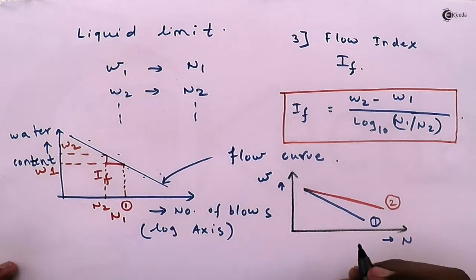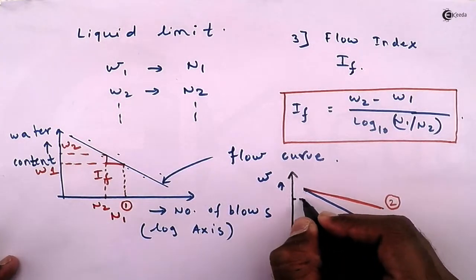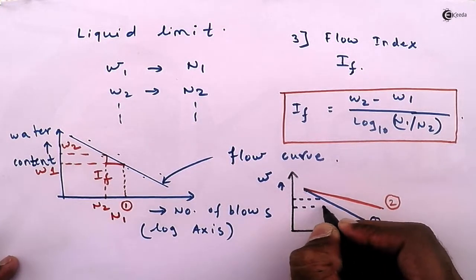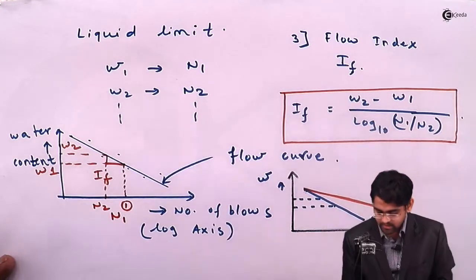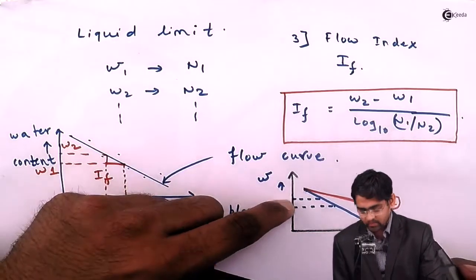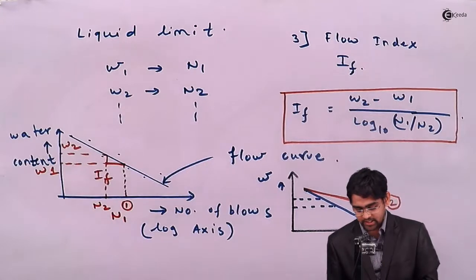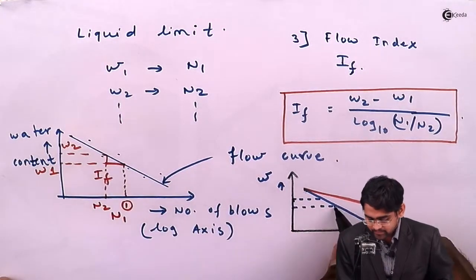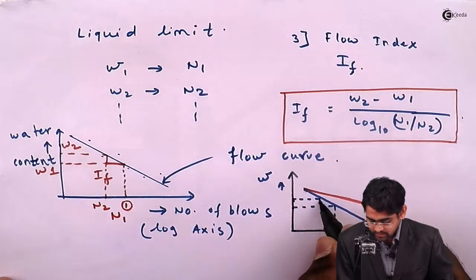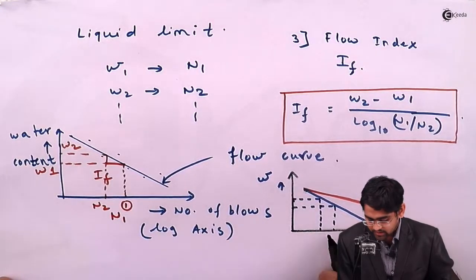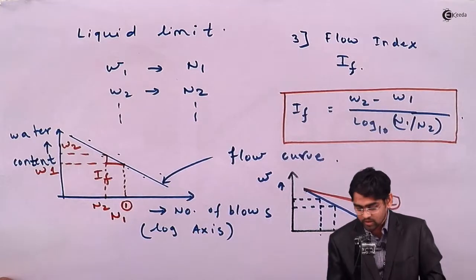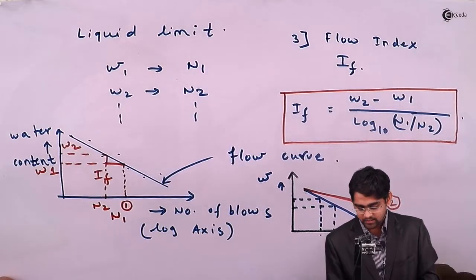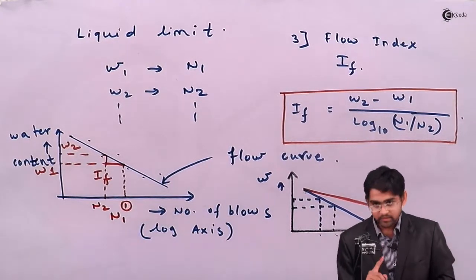So if I take the same ordinate of water content, so if I change water content by this much of amount, I will get the increase in strength by this much of amount. So number of blows is indirectly related to your strength for first case.